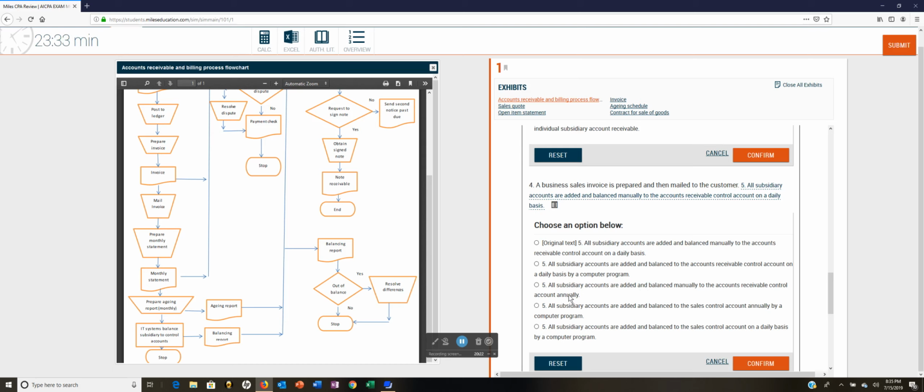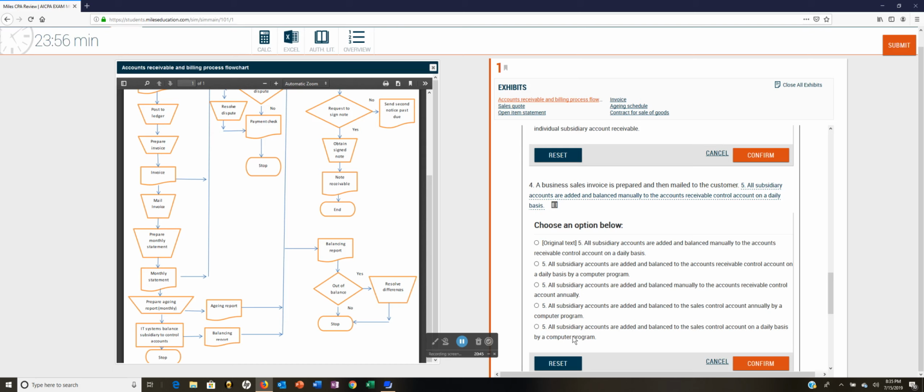Oh my goodness, we wouldn't be doing it annually anyway. All subsidiary accounts are added and balanced to the sales control account. And that's not. So those are wrong. And then the last one, all subsidiary accounts are added and balanced to the sales control account on a daily basis by a computer program.